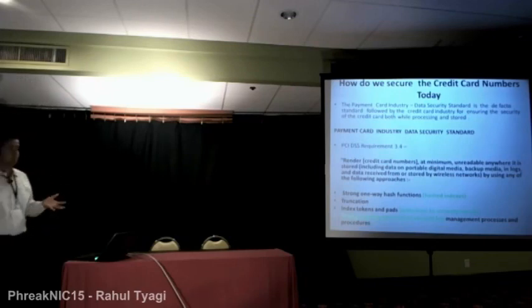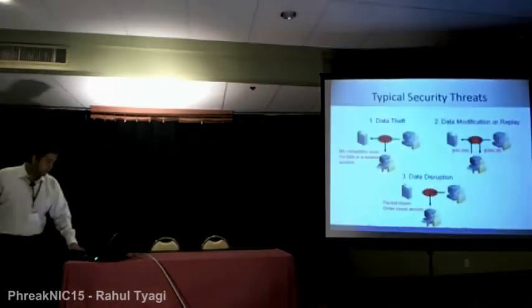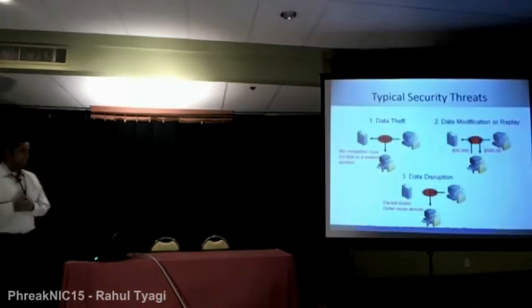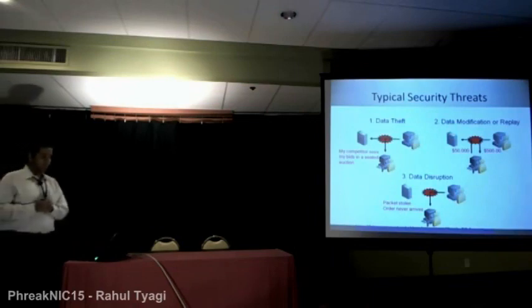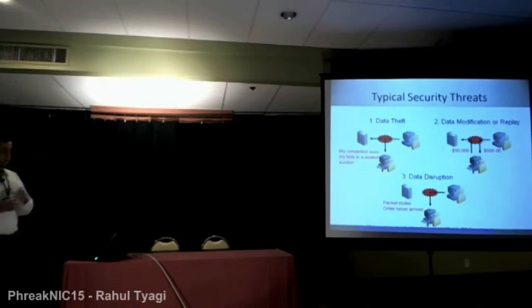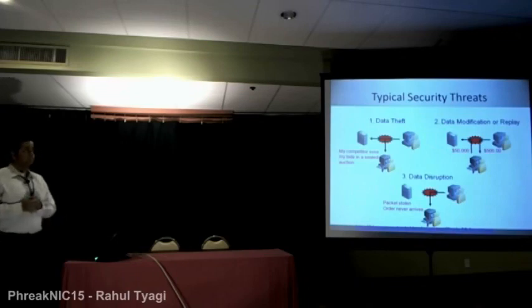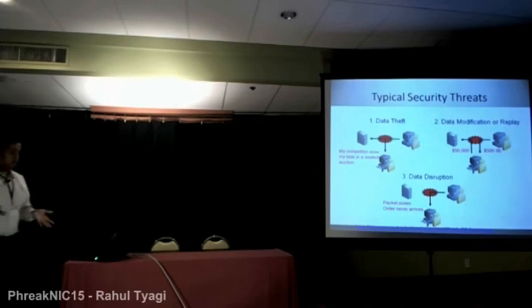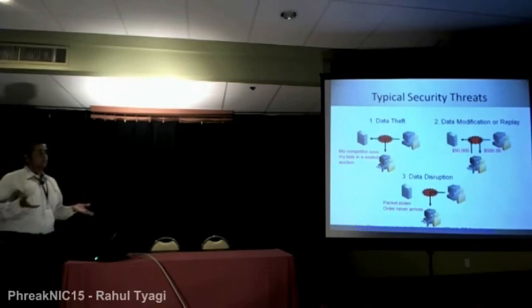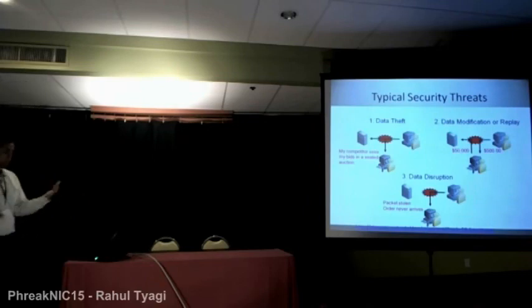So that's one thing that we rely on. There are a couple of threats in regards to data modification. You can take an example of a credit card transaction taking place, and data theft, and also data disruption. So these can be adapted to network attacks also, and credit card attacks.